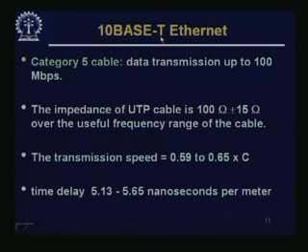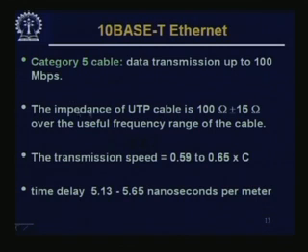But this T is for twisted pair cable, that is UTP, unshielded twisted pair cable of various categories 3, 4, 5, etc. They are the dominant physical medium and the dominant technology today for local area networks. So, you can have category 5 cable data transmission up to 100 Mbps, and actually you can go somewhat more depending on the distance.